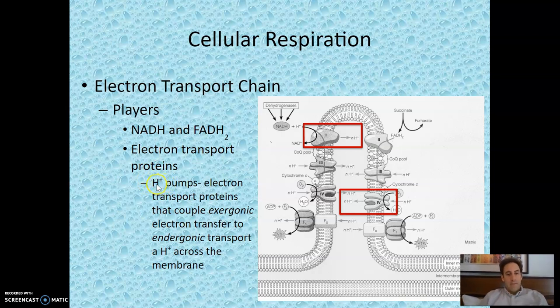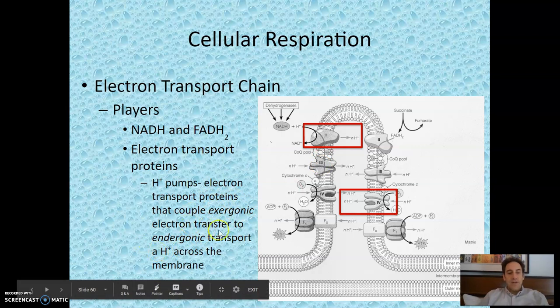And so the proton pumps are these electron transport proteins that couple the exergonic transfer of electron from one protein to the next, again, down the hill. They couple that exergonic electron transfer to the endergonic transport of a proton across the membrane.